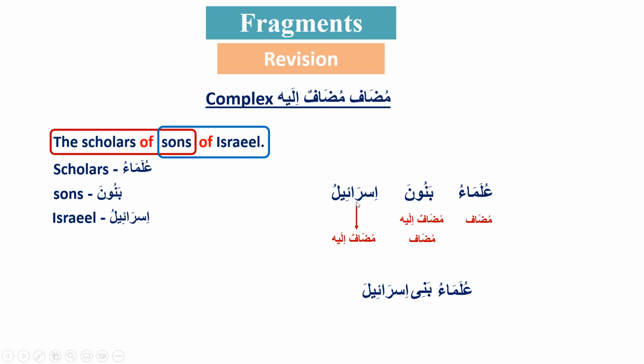And the jar form of Israelu is Israela because it is partly flexible. So ulama has to meet two conditions, banoon has to be changed so it meets three conditions, and Israelu has to be changed so it meets one condition. So the resulting fragment is ulamau bani Israela, and it means scholars of sons of Israel.